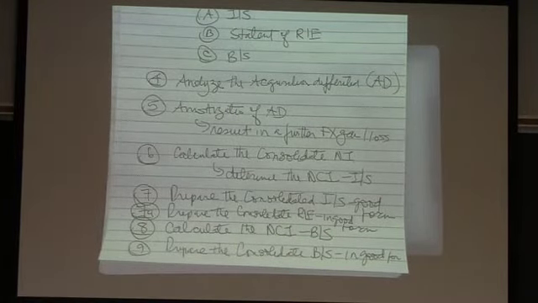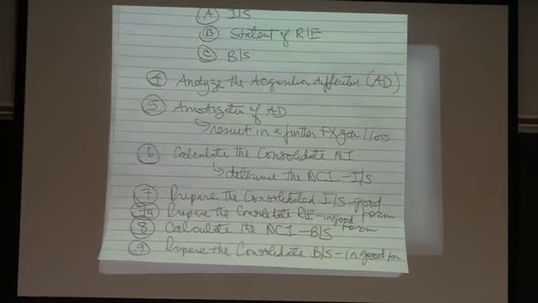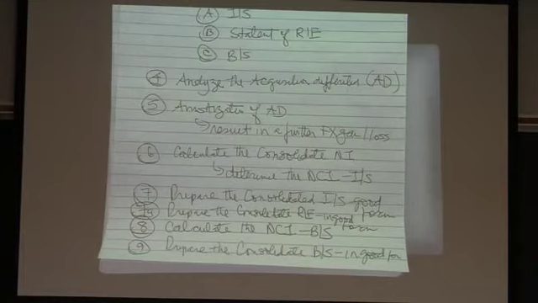Okay, so this question, P&S company, was a much more involved question because it incorporates not just translation of a foreign operation, but also the impact on the consolidation process, particularly once you've translated the foreign operation.